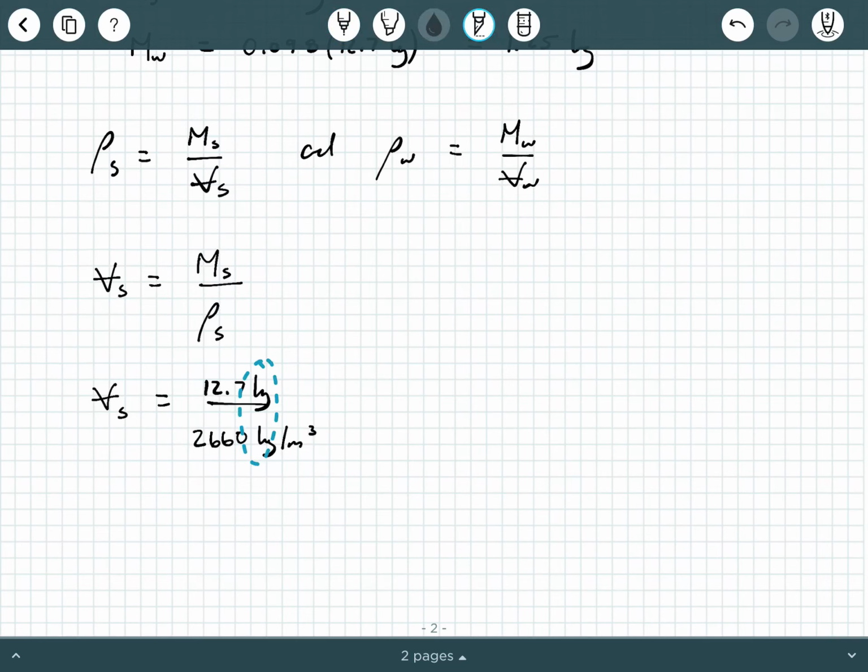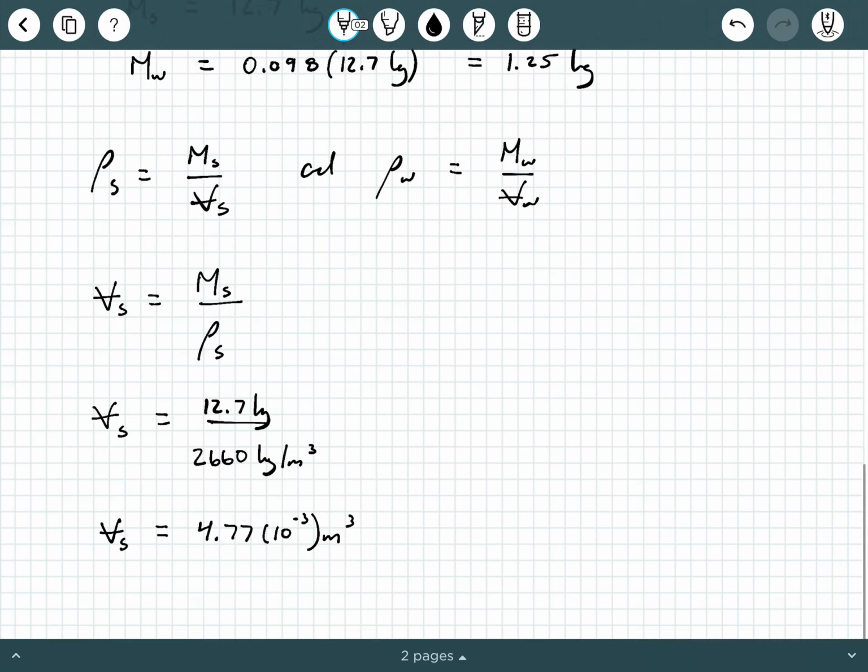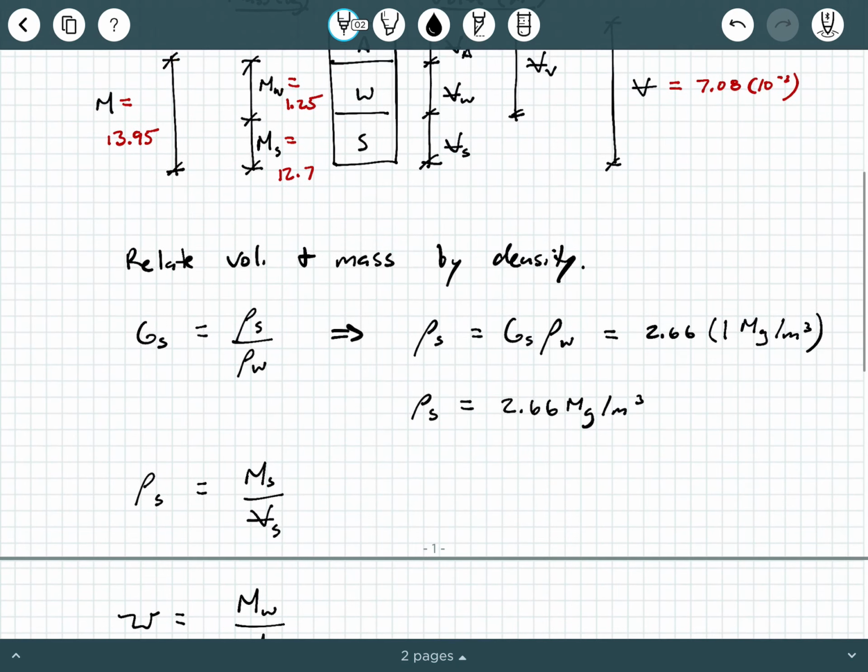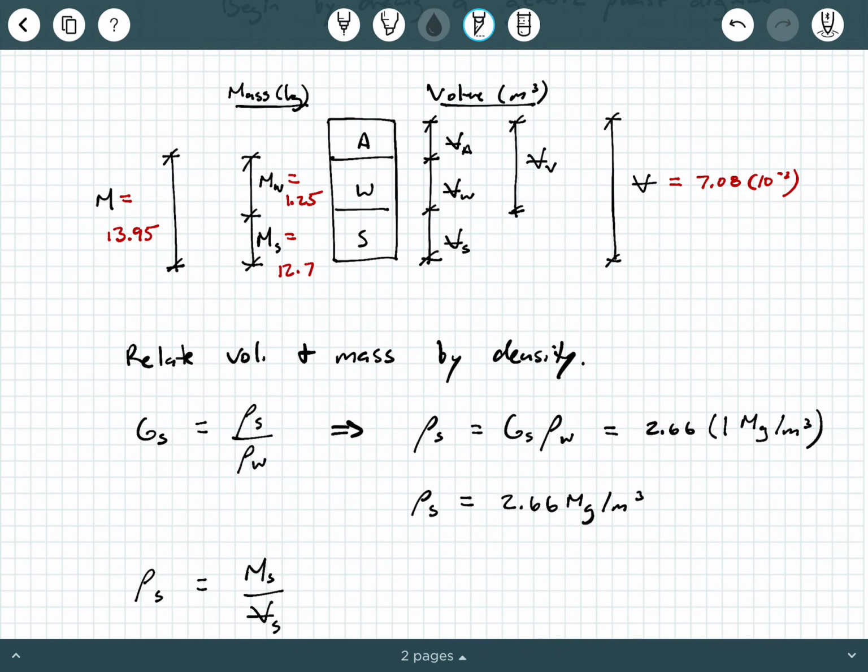Your units of mass need to match each other, all right? And then we punch this in our calculator, and we get 4.77 times 10 to the minus 3 meters cubed, okay? And that'll be volume of soil solids. I can populate that on my phase diagram now.